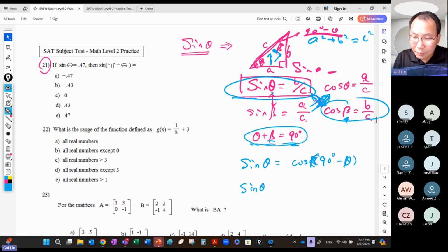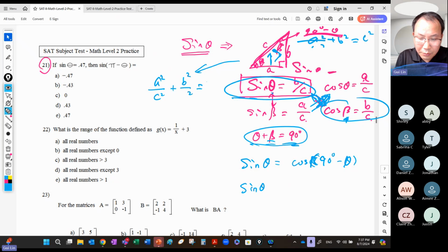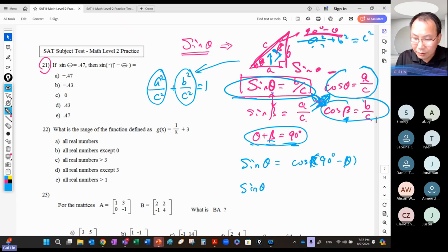So divide both sides by C squared. So A squared over C squared plus B squared over C squared equals 1, right? So this part equals this part here, plus B over C is this part.